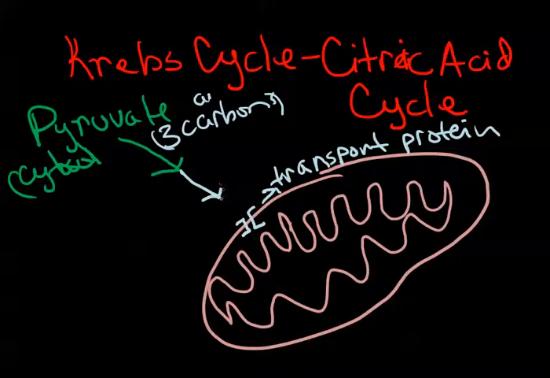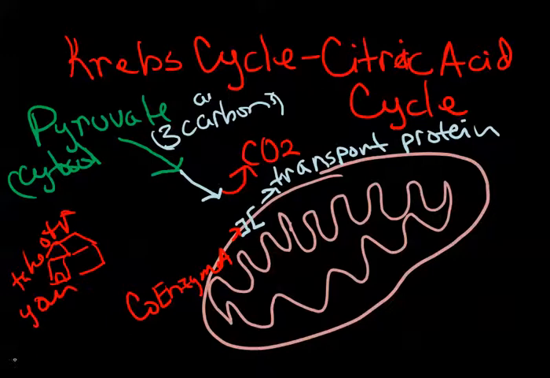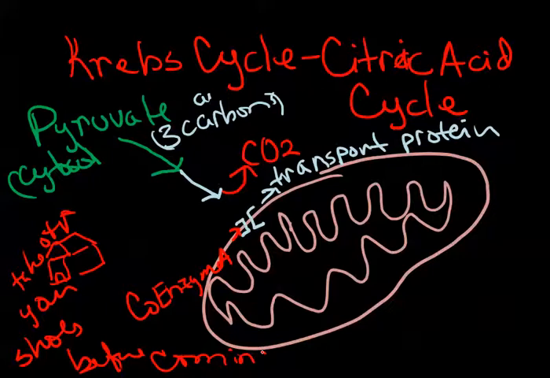So you're going to be losing a CO2, and you have a thing called coenzyme A. It's kind of like when you come to somebody's house and you want to get in the door, but they say, take off your shoes before coming inside.